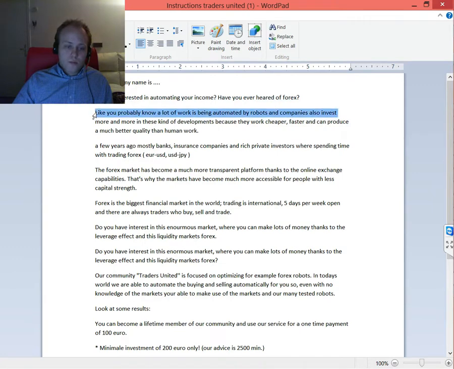Alright, so like you probably know, a lot of work is being automated by robots, and companies also invest more and more in these kinds of developments because they work cheaper, faster, and produce a much better quality than human work. This is basically a fact, guys. A lot of companies like to optimize their produce.